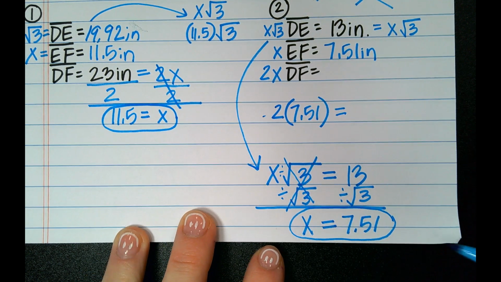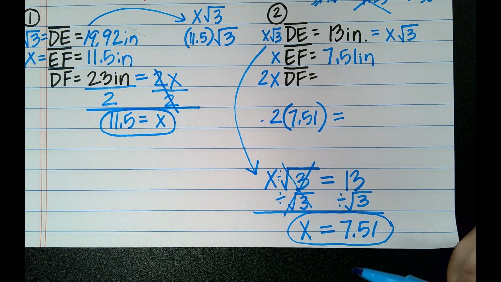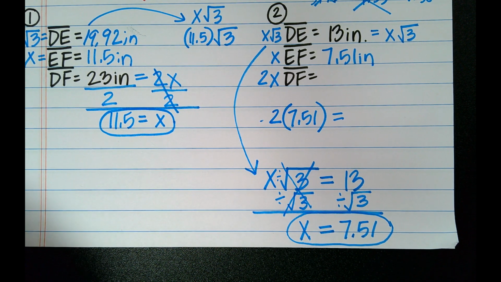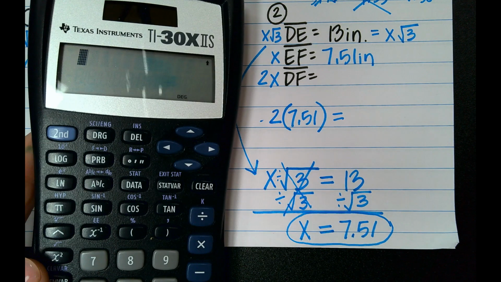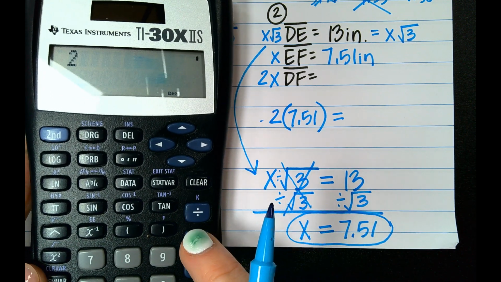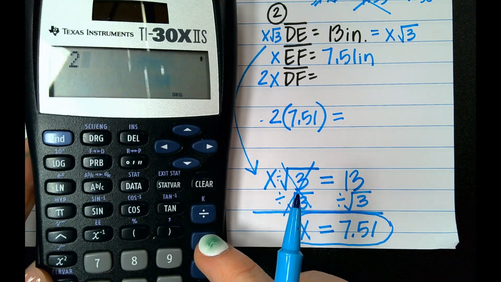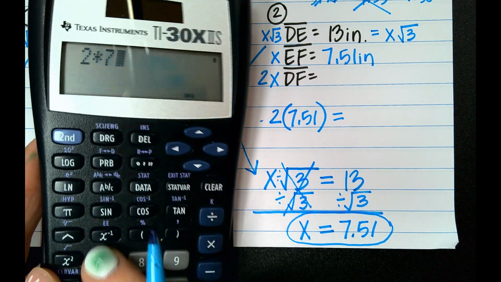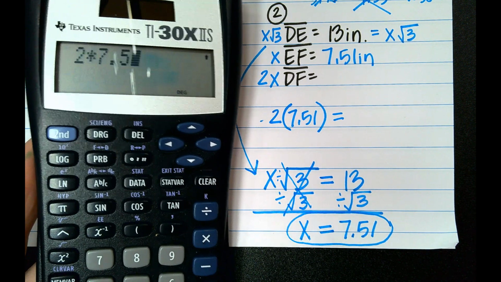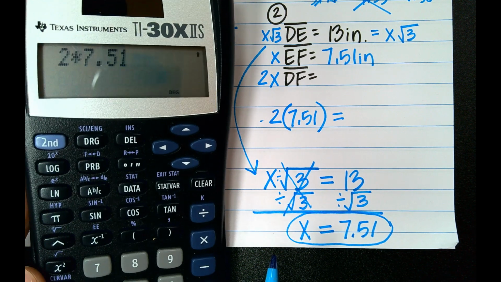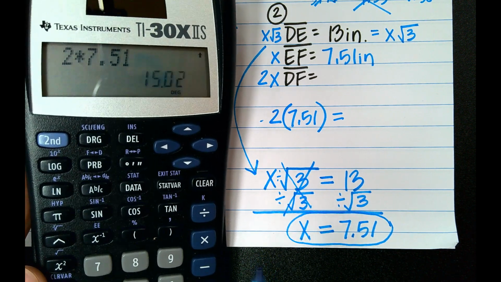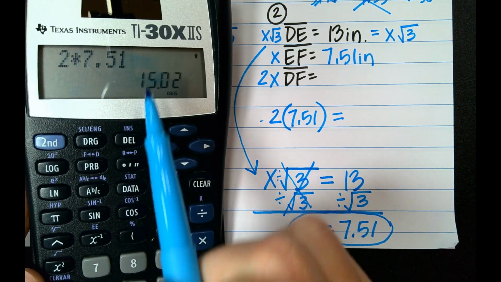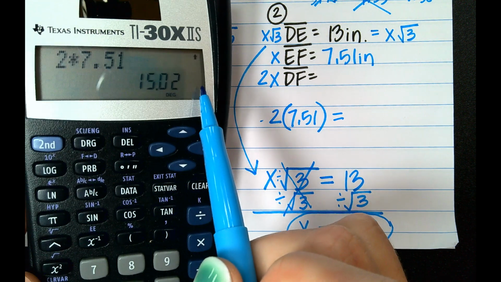And that's going to equal what? About 14 point what? 0.51. Let's see. I got 15.02. 15.02. I'm going to type this and see what we get. 2 times 7.51, and I got 15.02.